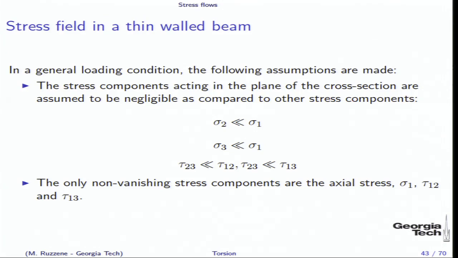Okay, so now we talk about a general thin walled beam which is not in torsion but in bending. We talked about thick beams in bending through the Euler-Bernoulli beam theory, but we did not talk about thin walled beams under flexural deformation.